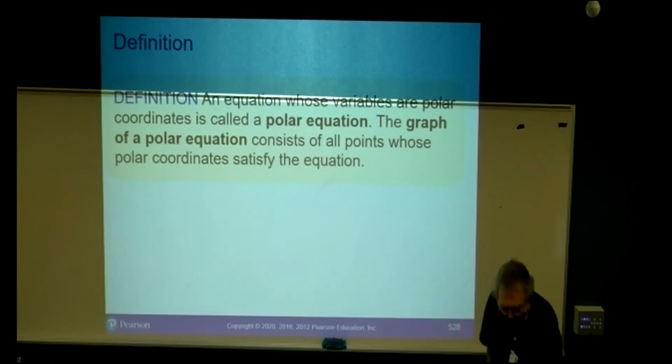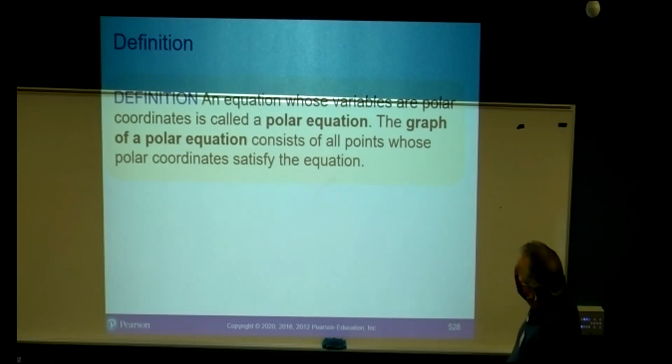That's the same definition as in the rectangular coordinate system. The graph of a rectangular equation consists of all the points whose rectangular coordinates satisfy the equation.